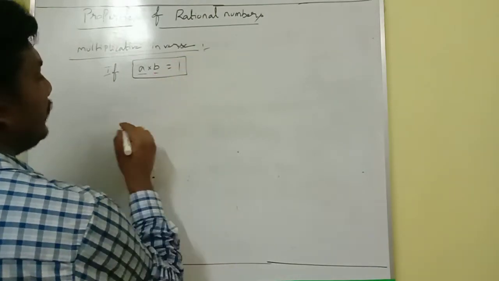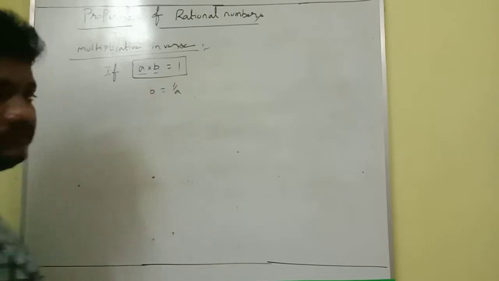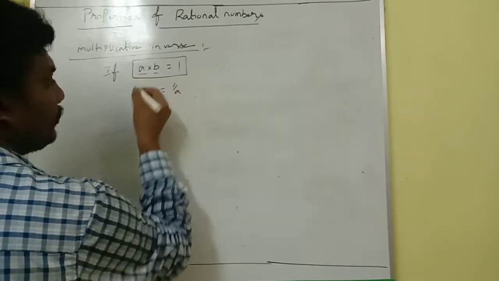From this, B can be written as 1 by A. So what is the multiplicative inverse of A?